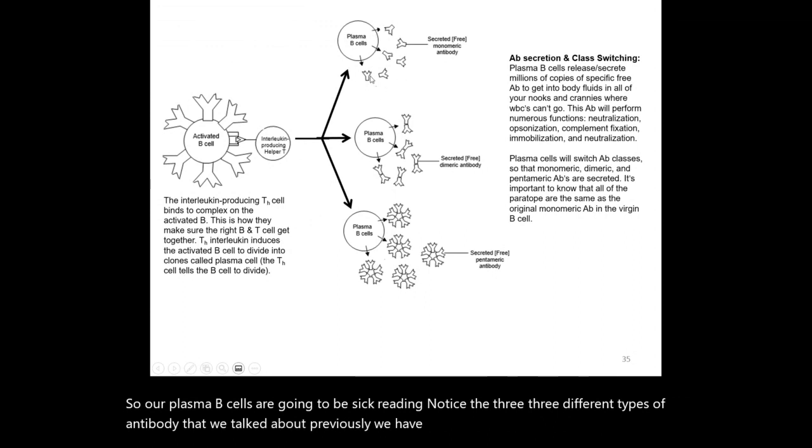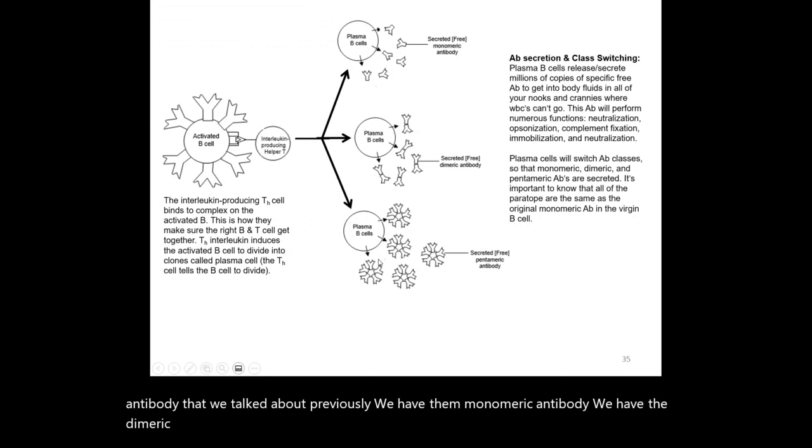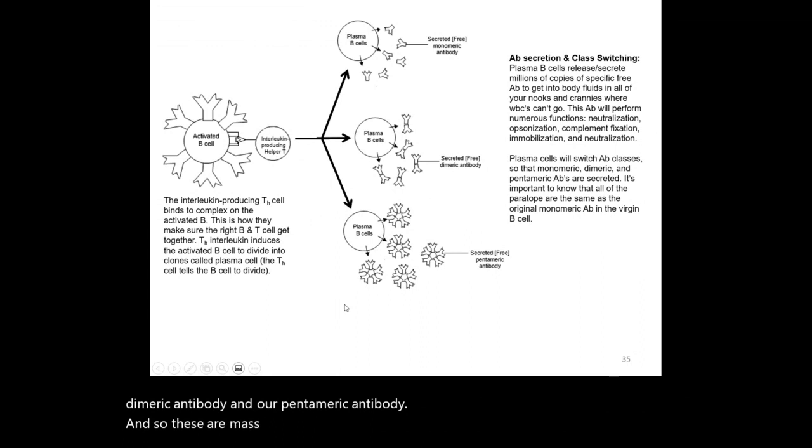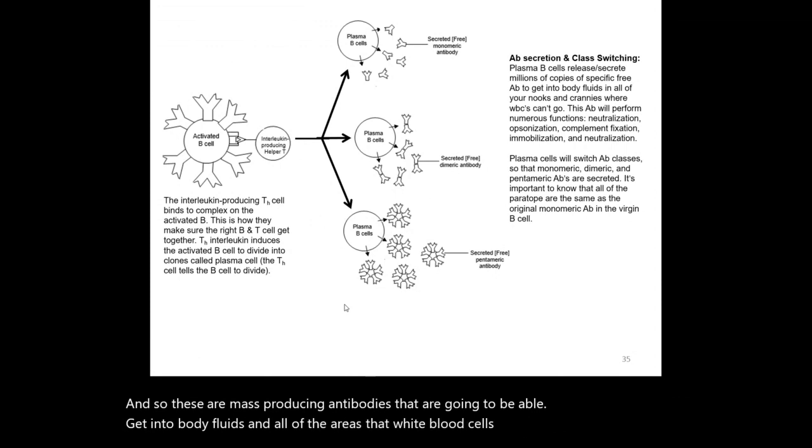We have the monomeric antibody, the dimeric antibody, and the pentameric antibody. Okay, and so these are mass-producing antibodies that are going to be able to get into body fluids and all of the areas that white blood cells can't go in our body.